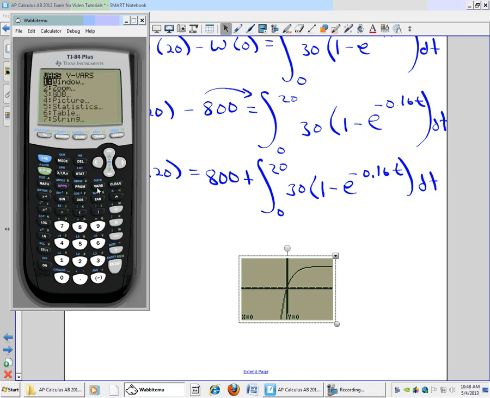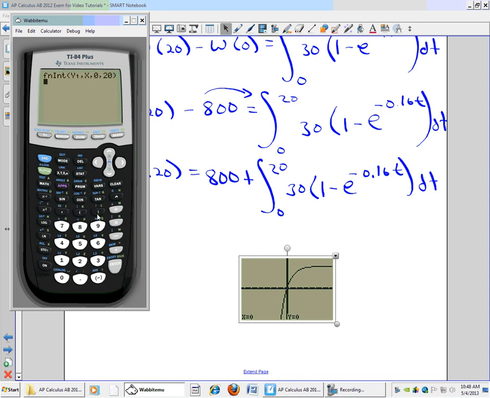Go to y variables, go to function, and it was the first one I entered. Put a comma, this is with respect to x, put a comma, and we're going to put our limits of integration, which was from 0 to 20. Now we're going to close that parentheses.